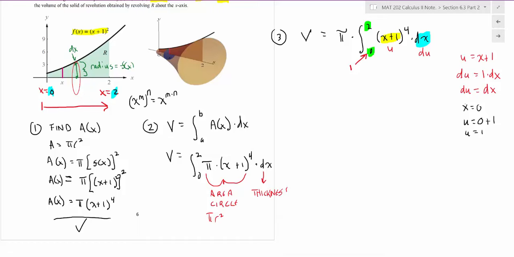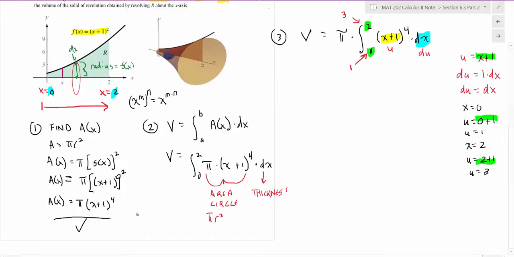And then the second thing we're going to have is when x is equal to 2, the upper limit of integration, u is x plus 1, so that's going to be 2 plus 1, so that's going to be equal to 3. So that means that limit of integration is going to change to 3. So all I did was I just added 1 to get that set up. Again, if you're changing the limit of integration, what you want to do is use this. That's what I did, is 0 plus 1 and 2 plus 1 to get those new limits of integration.